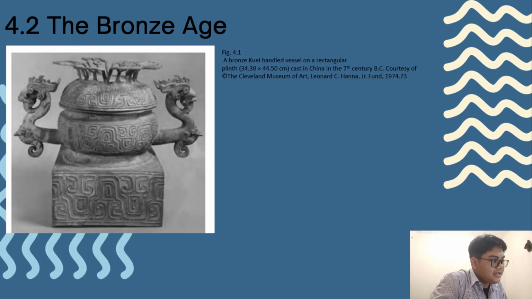Now we got to the next slide, 4.2, the Bronze Age. The Bronze Age began when it was discovered that a mixture of two metals, or alloys, was stronger than either of the metals taken individually. This discovery was probably made about the same time that extractive metallurgy was discovered.